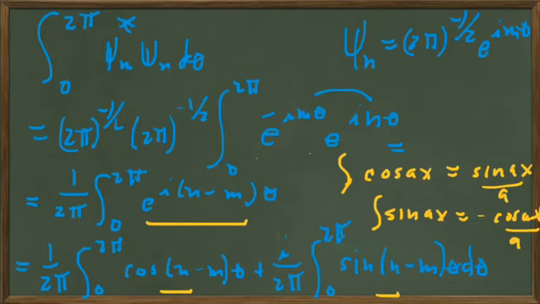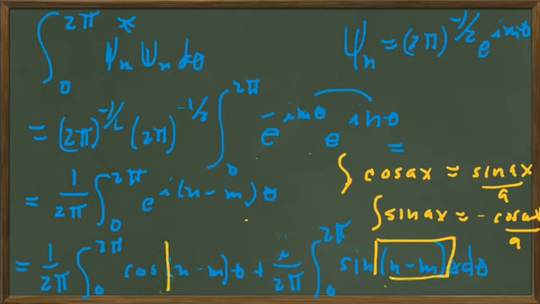And in our case here, the constant that is multiplying the theta in the sine is a, which is n minus m, and the constant multiplying the theta over here with the cosine is also n minus m. So let's perform these two integrations on the next blackboard.